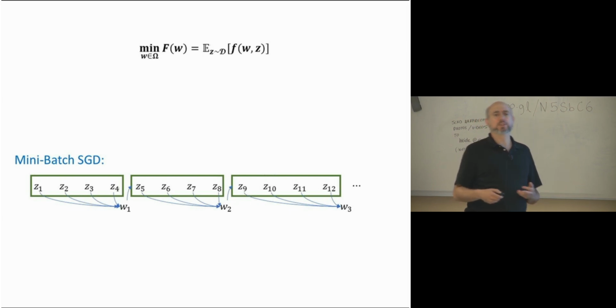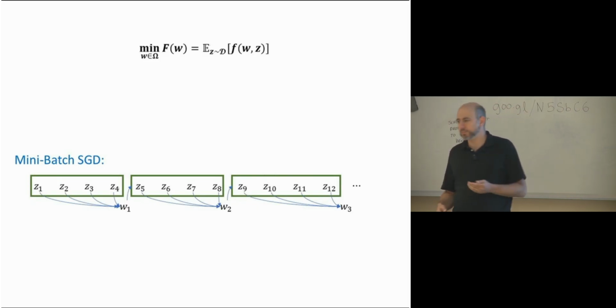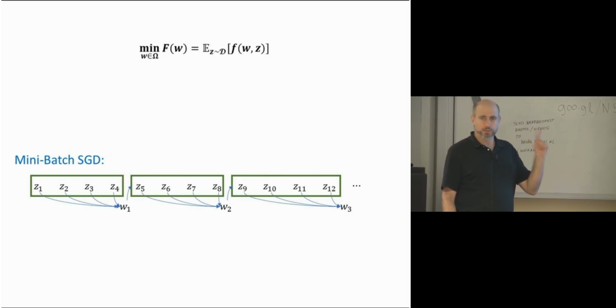Another way to think about it is that each time we linearize the objective, we're actually linearizing based on a stale iterate because we're not using the latest. In order to calculate the gradient for Z3, we're calculating the gradient at a location that doesn't take into account Z1 or Z2. Right? So our iterates are always stale, and so mini-batch stochastic gradient descent is somewhat inherently worse than stochastic gradient descent. The best you can do is always use a mini-batch size of 1.